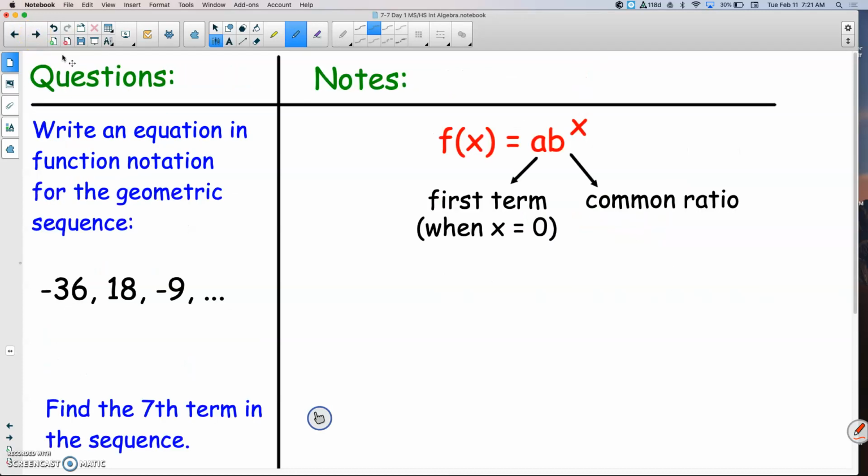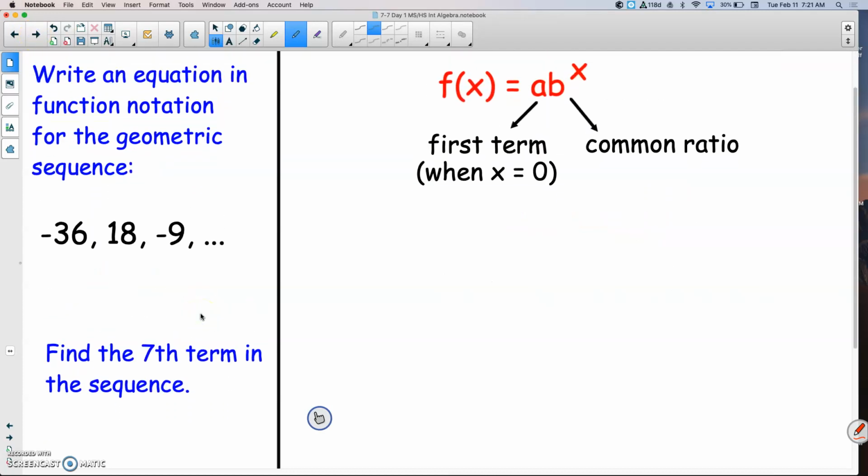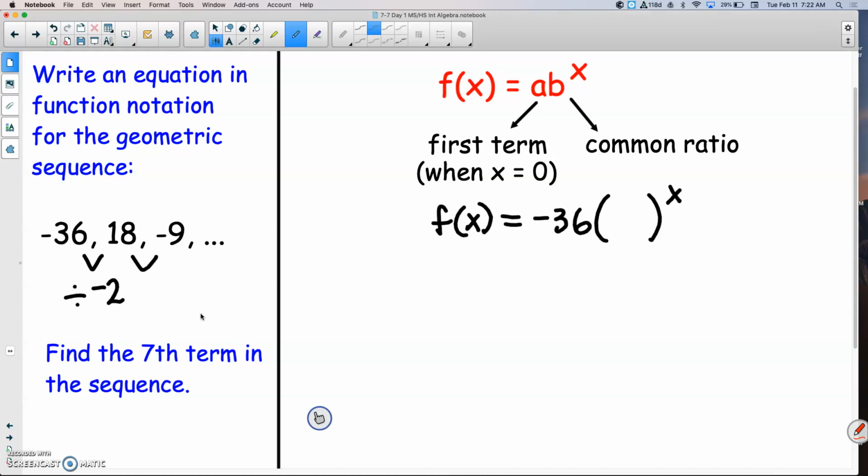And our last example for today, f of x equals, first term -36. And this one looks like it's divided by -2. So dividing by -2 is multiplying by -1/2. And I'm looking for the 7th term, so I can substitute 6.